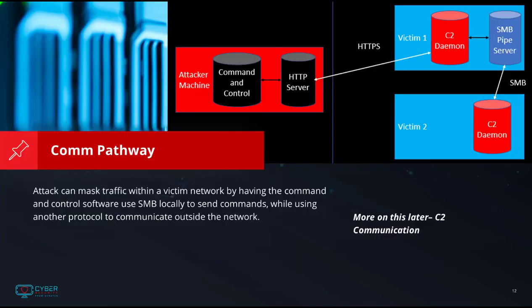Red teamers can take advantage of the fact that SMB can be used for named pipe communication to hide their communications within a target network. We'll talk a little bit more about this when we discuss command and control communications. However, it's important to know for now that that same named pipe capability can be abused.